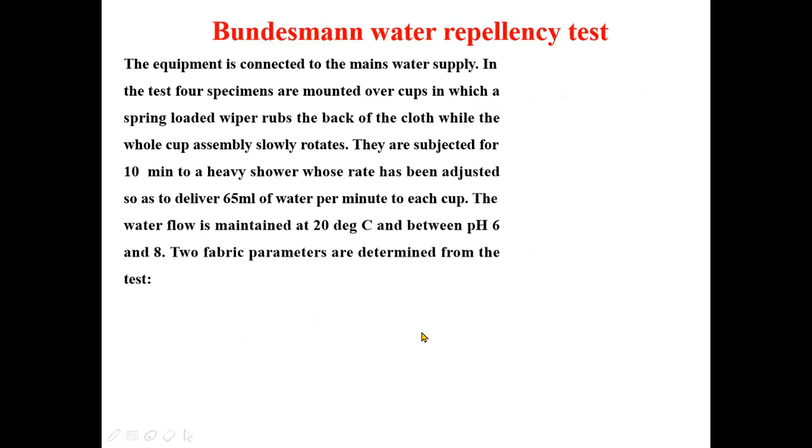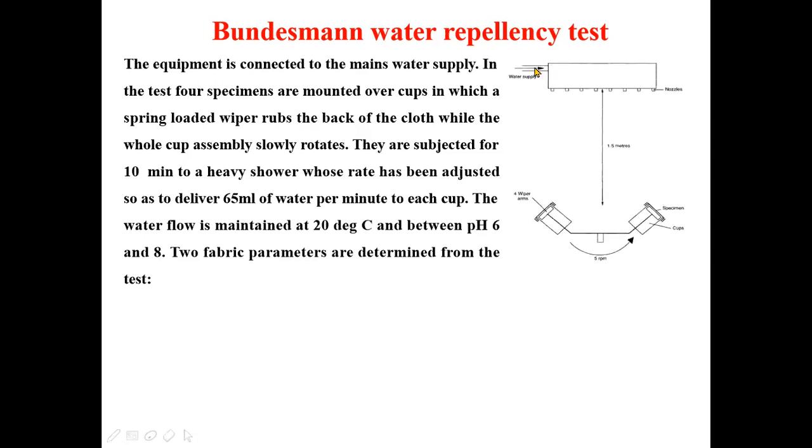So this is the test procedure. As I have already told you, this is the water supply. The equipment is connected to the main water supply. In the test, 4 samples are mounted over the cups. There are 2 cups here and 2 other cups on the back side. So this is the sample, firmly attached to the cup.